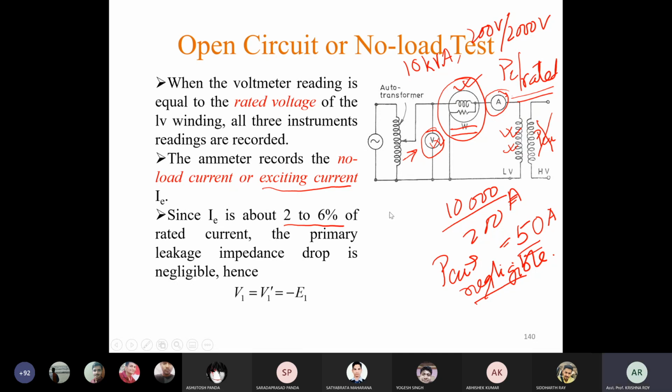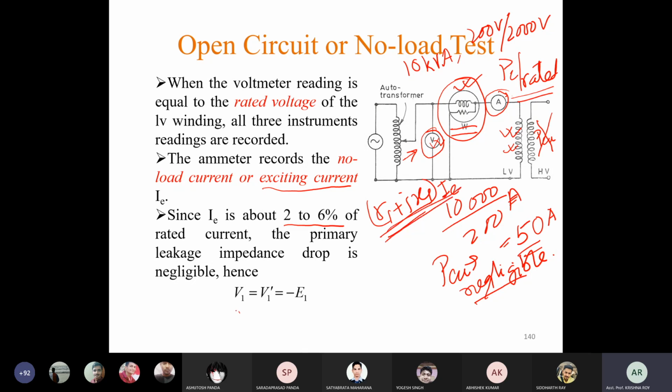And one more thing is there. Since this current is very small, the voltage drop due to the primary leakage impedance, I into R1 plus jX1, is very small.